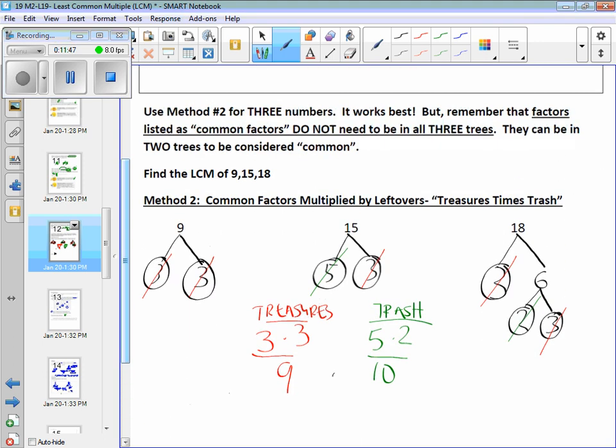Will 9 go into 90? How many times? 10. Does 15 go into 90? How many times? 7 gets you 105. Right, 15 times 6. Does 18 go into 90?